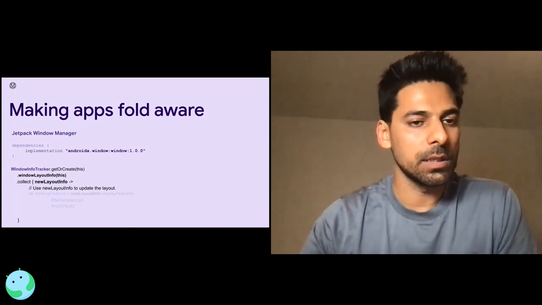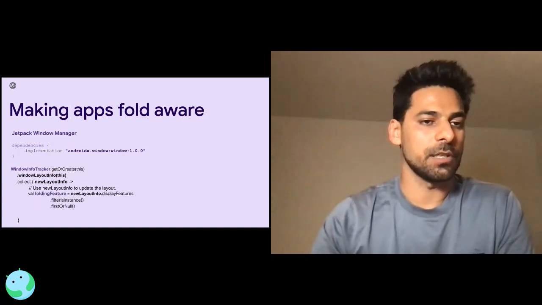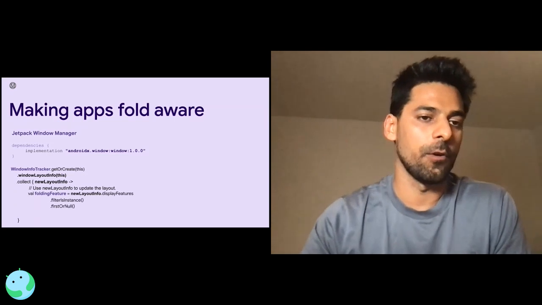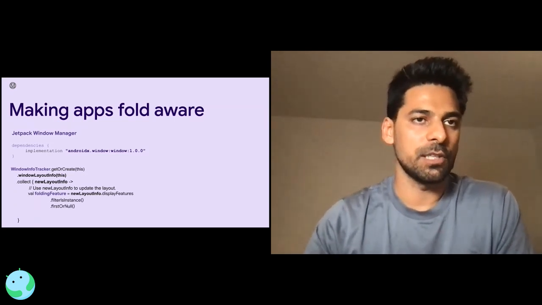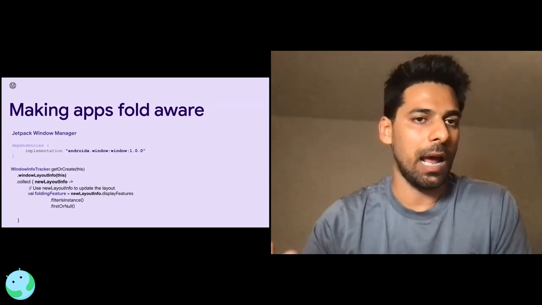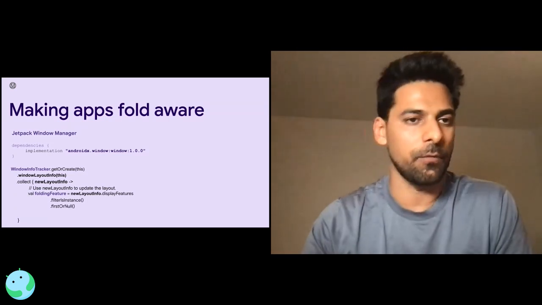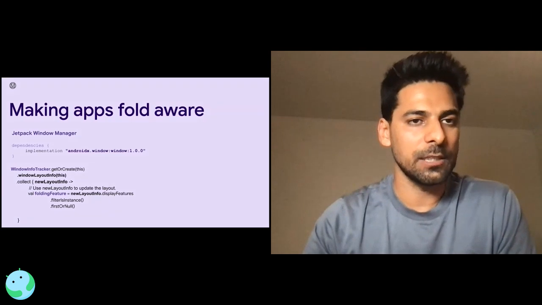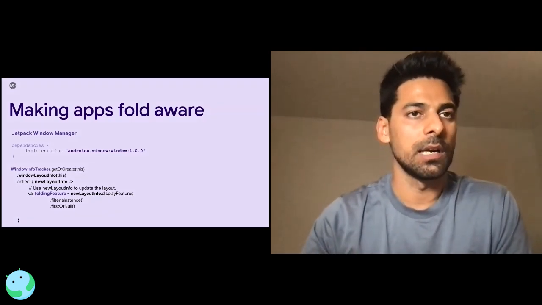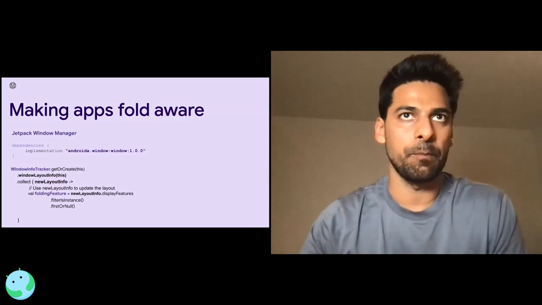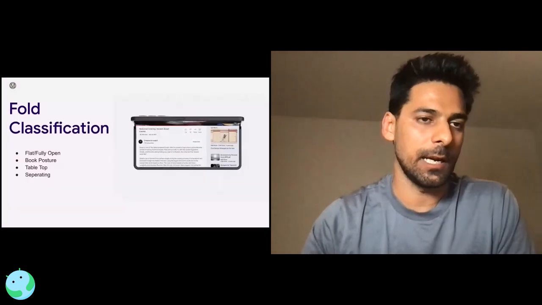Now we use this layout info's display features to get information about the fold feature we just checked. But these are just features like width, height, orientation, fold state. We want to classify them in a sensible fashion so we can make our app fit in all those scenarios.